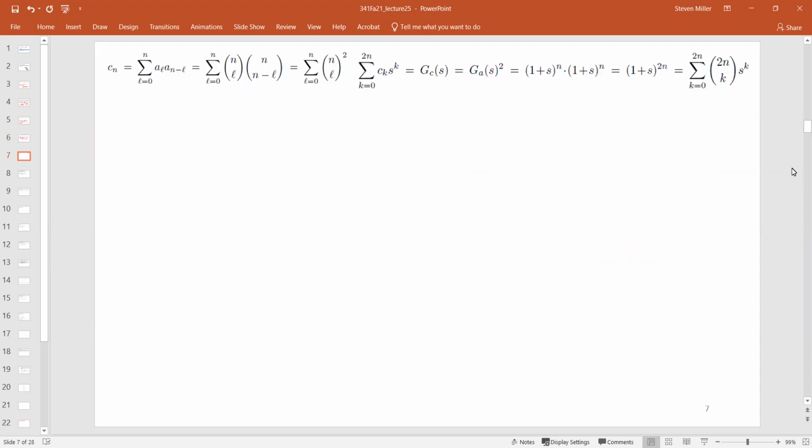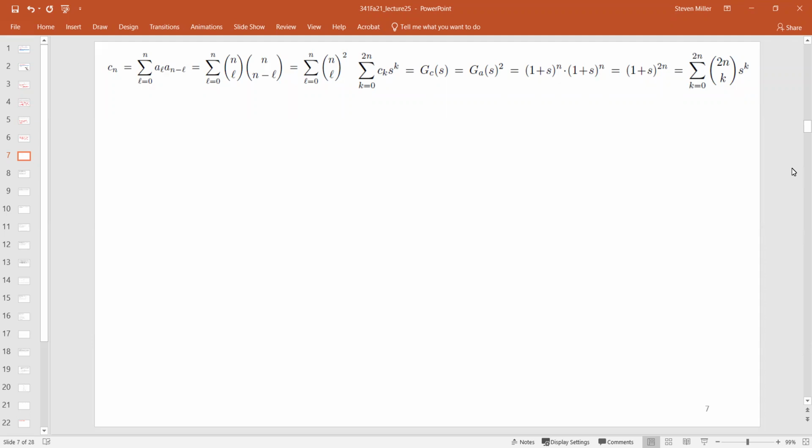Okay, so continuing, let's see how we can use this for various things. Is this written large enough that it's readable? Okay. It's always a balance of trying to give myself as much space as possible while keeping things displayed. So again, I'm defining C_N to be the sum of A_L, A_{N-L}. So I'm convolving a sequence with itself.